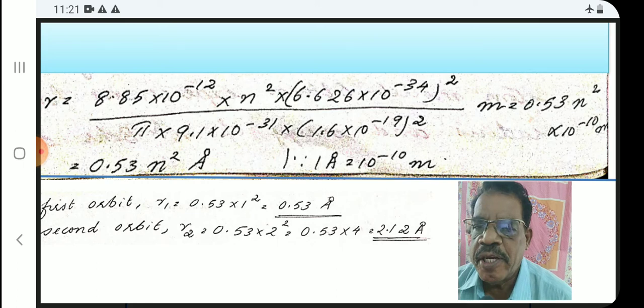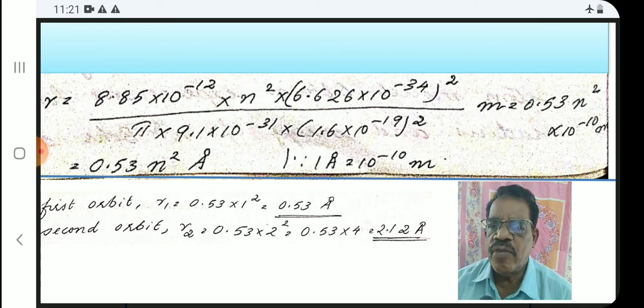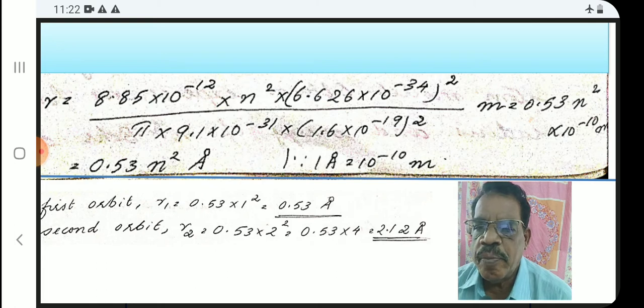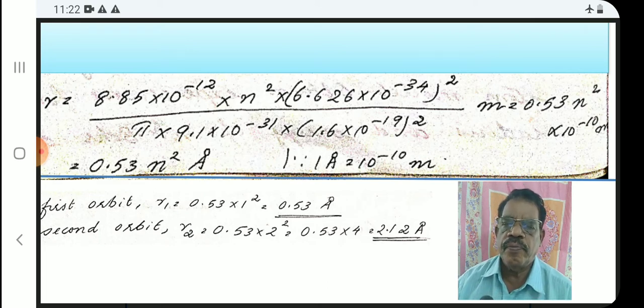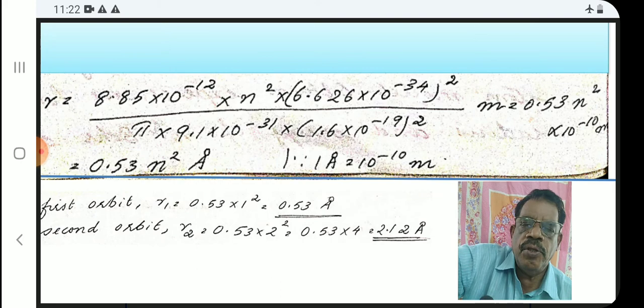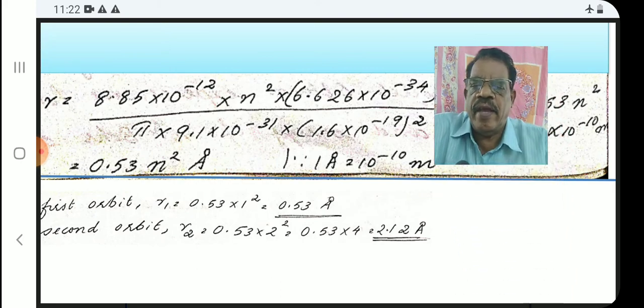So the first orbit radius R1 is 0.53 into 1 square, that is 0.53 angstrom. For the second orbit, radius R2 is 0.53 into 2 square, which is 2.12 angstrom. In that manner, you can find the radius of any orbit.